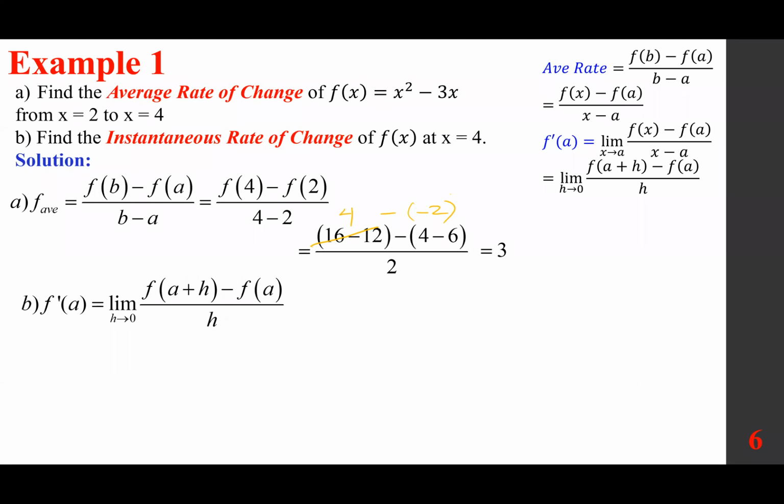This definition is used more often for the general case of f prime of x. Because of that, you want to stick with that. So what are we looking for? F prime of a equals 4. Replace the a with 4. And now do the math.